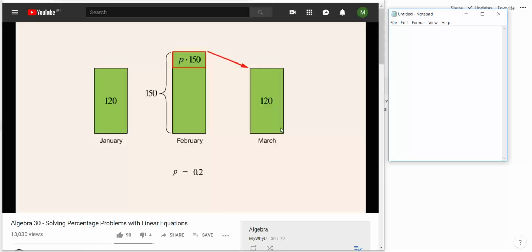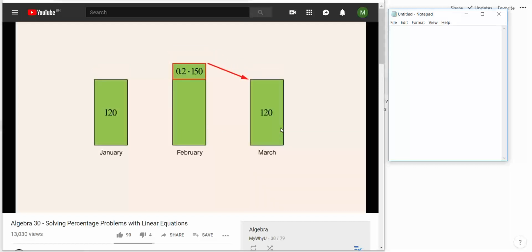So the decrease in accidents from February to March is 0.2 times 150. Since 0.2 is the decimal equivalent to 20%, this represents a decrease in accidents from February to March of 20%.